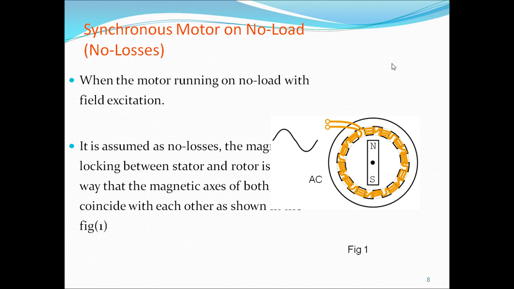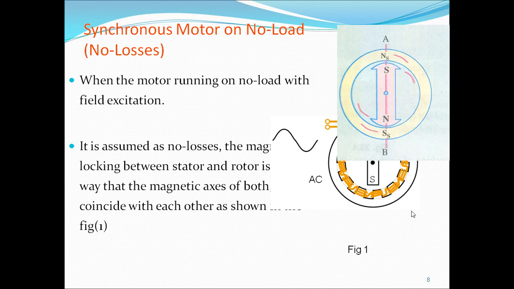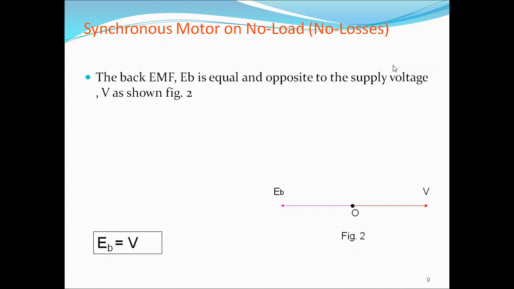That is, the magnetic locking between the stator and the rotor is such that the magnetic axes of both come on the same plane, the same axis, as shown in the figure. That means both the stator poles and the rotor poles come on the same axis.